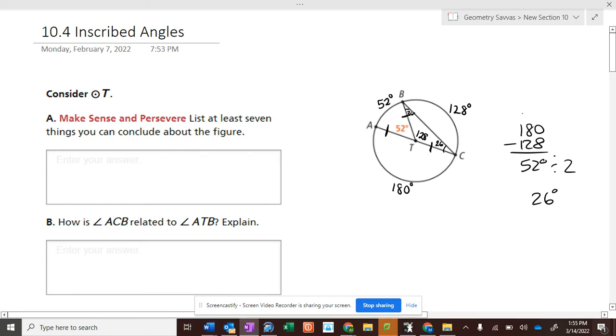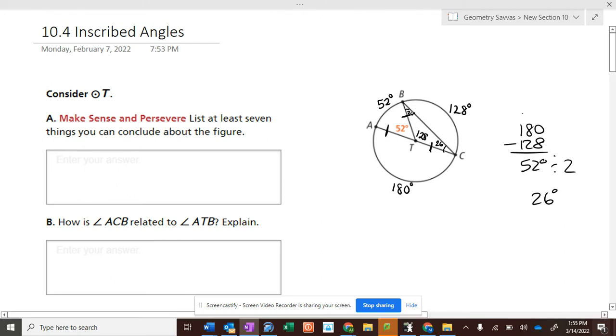Okay. Any relationship between angle ACB and angle ATB? Oh yeah, they're the same. They're not the same. ATB and ACB, they're not the same. 26 is the same as 52? It's half of it.